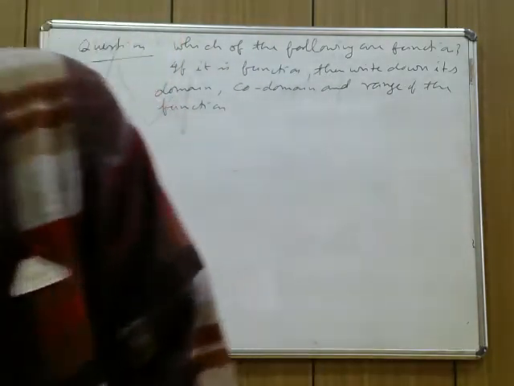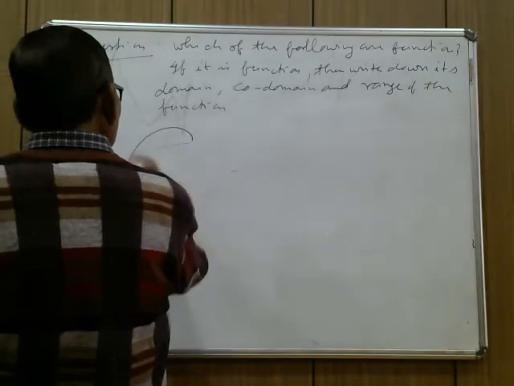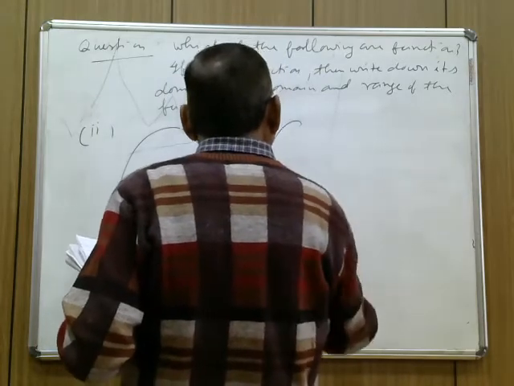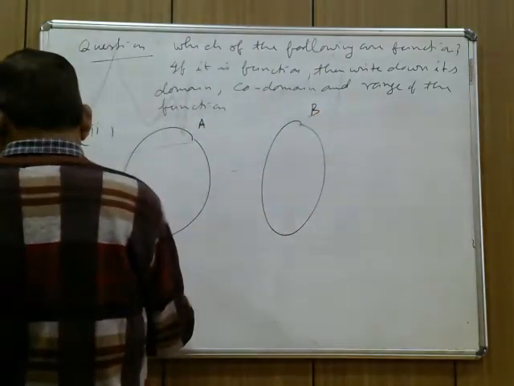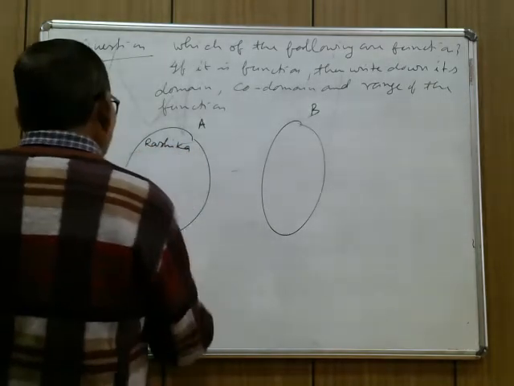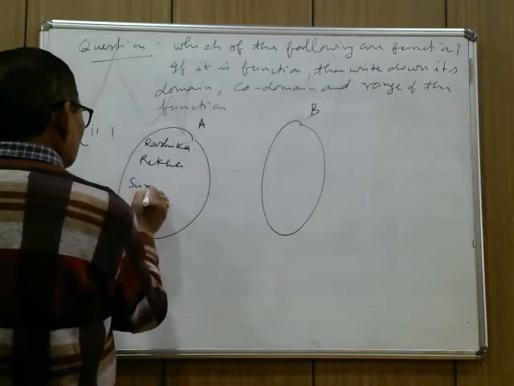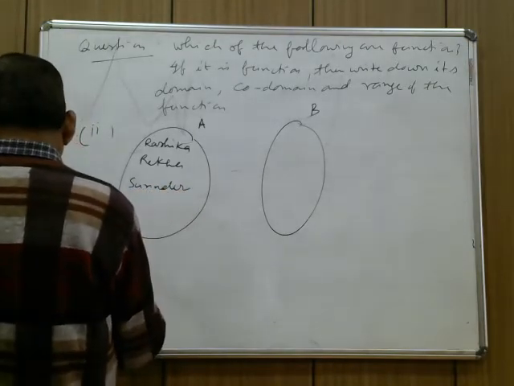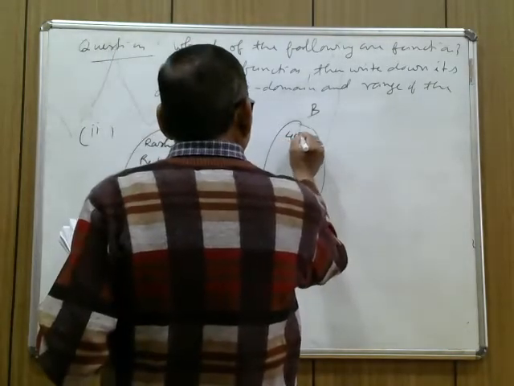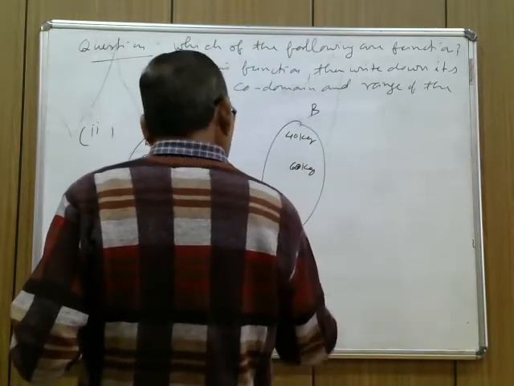There is the second question. This is A, this is B. Your A consists of the members Rasika, Rekha, Surinder, Anu, and their weights are 40 kg, 60 kg and 65 kg.